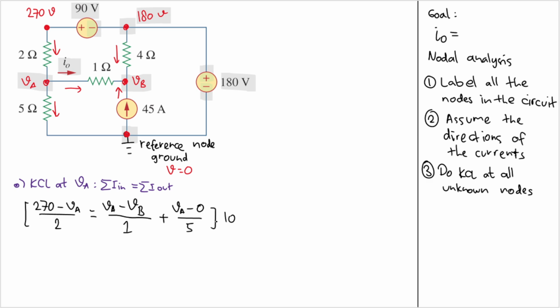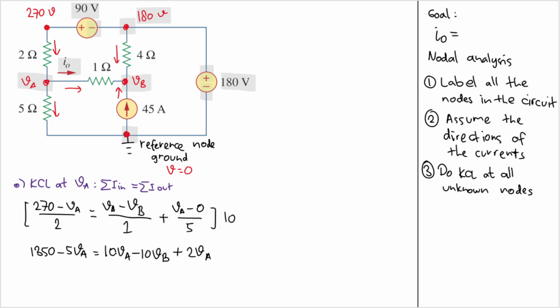2 and 10 will cancel into 5. 270 multiplied by 5, that will be 1350, right? And I will have minus 5 VA, and this will equal to, I think I will have 10 VA, and then minus 10 VB. Okay, 5 and 10 will cancel into 2, so I will have plus 2 VA.